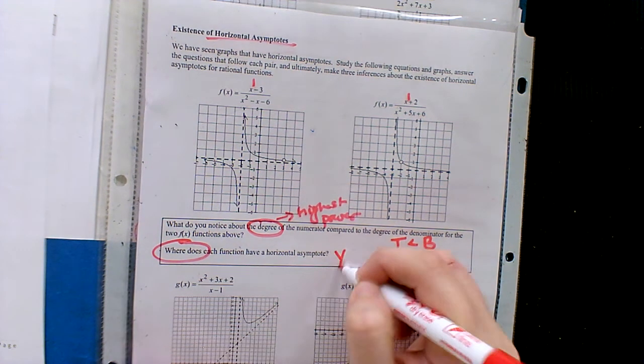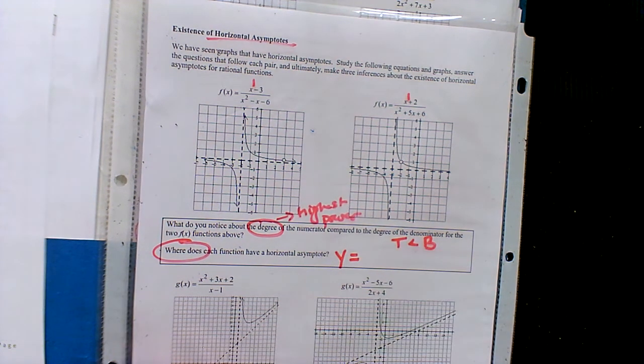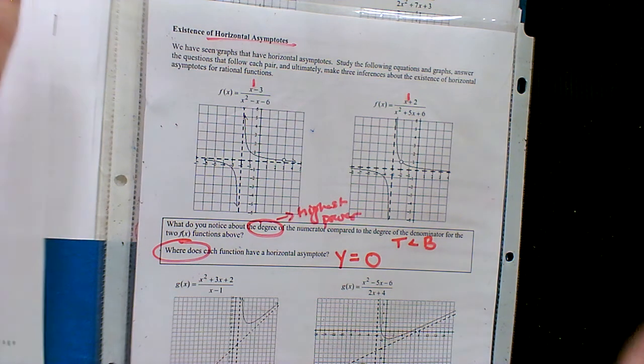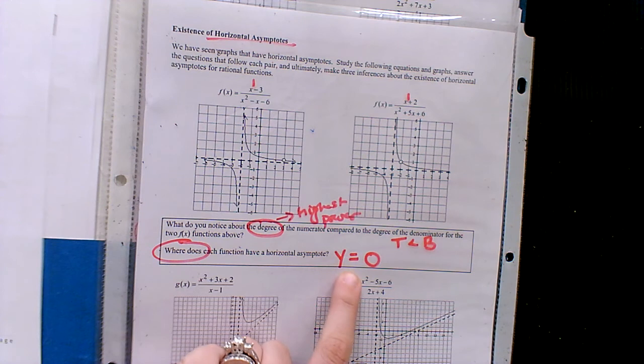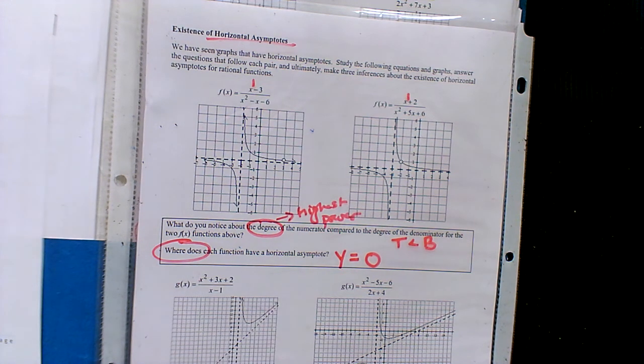On the x-axis, which has a y value of 0. Okay? So for both of these examples, because the top degree is less than the bottom, based off of a pattern, I know we only have 2, but if we had a little bit more, maybe that would work as well, that the horizontal asymptote is always going to be at 0. Okay? Can you think about why that is?